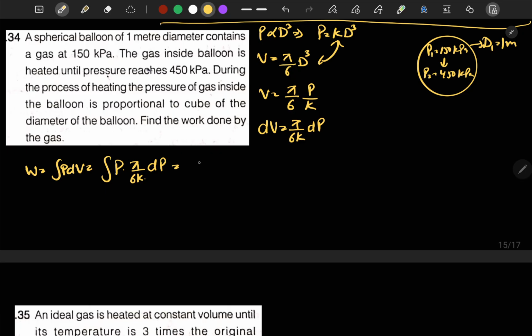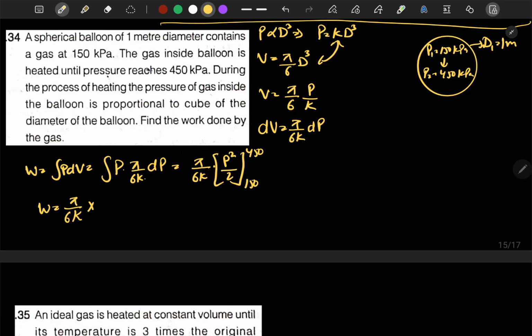This can be further written as pi by 6k into P square by 2, if we integrate it, and having the limits from 150 kilopascal to 450 kilopascal. Okay, now if we solve this, we will get work done as pi by 6k into P square by 2.